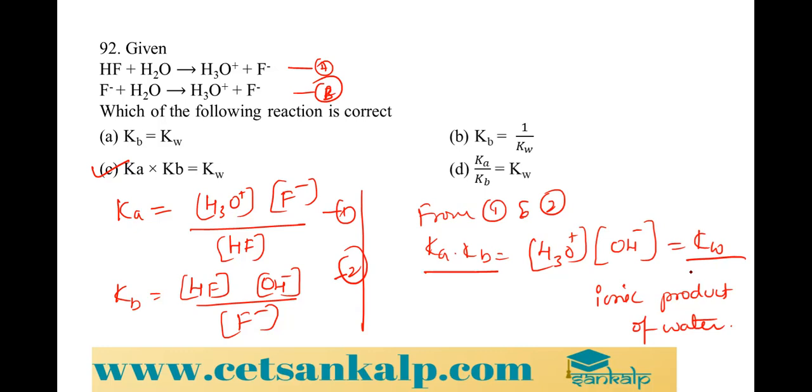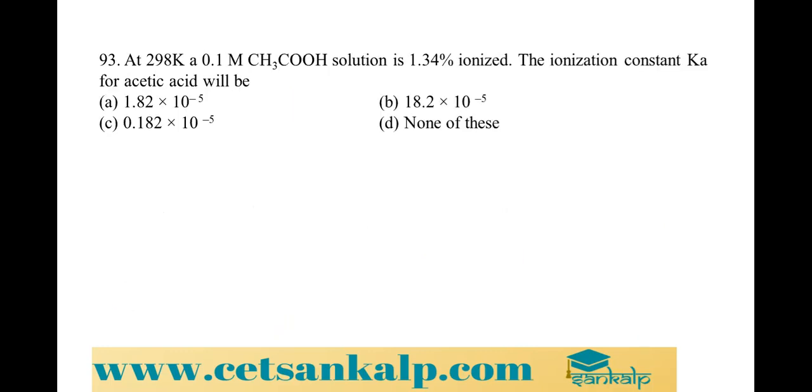Next one. So question number 93. At 298 Kelvin, 0.1 molar acetic acid solution is 1.34% ionized. The ionization constant Ka for acetic acid will be?